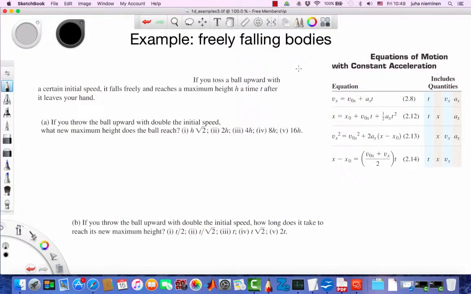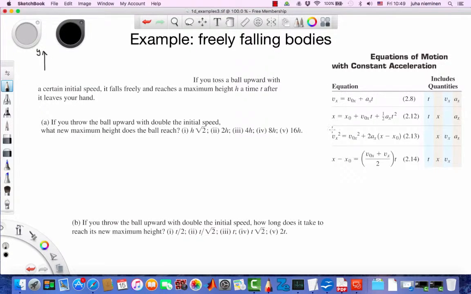Another example of one-dimensional motion is a freely falling body. For example, if you throw an object upward, it will go up and eventually come down, and it only moves in one dimension. So we usually define our y-axis, in this case, to be up.